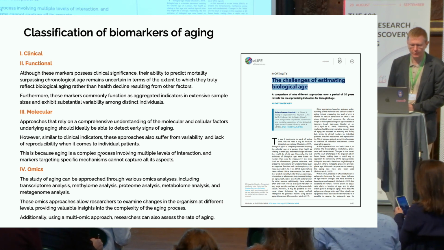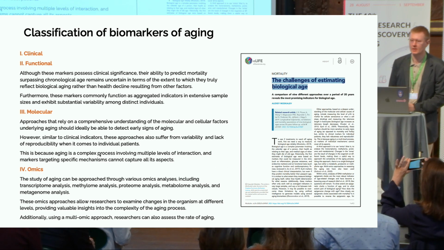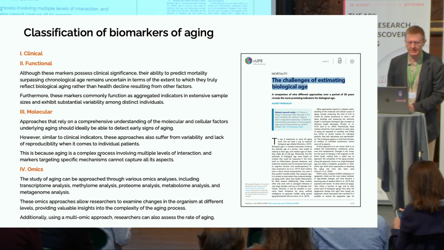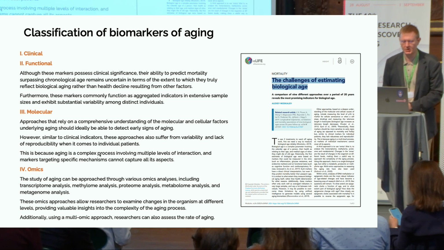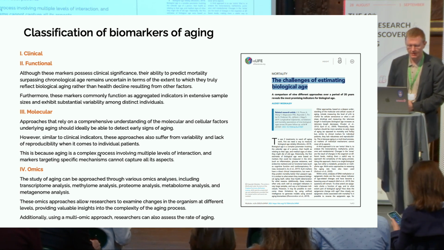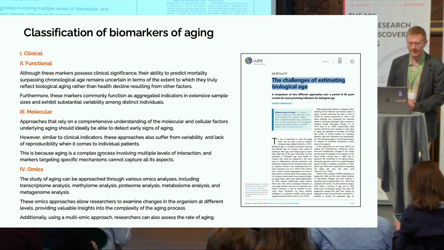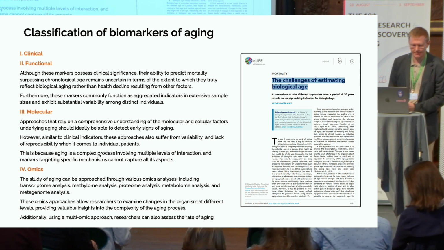For the first 2 groups, although these markers, like clinical and functional, possess clinical significance and the ability to predict mortality according to chronological age, it remains uncertain to what extent they reflect biological aging itself, rather than health issues induced by other factors.